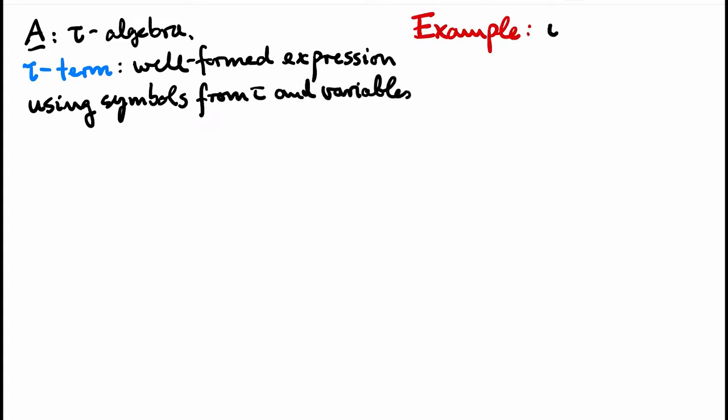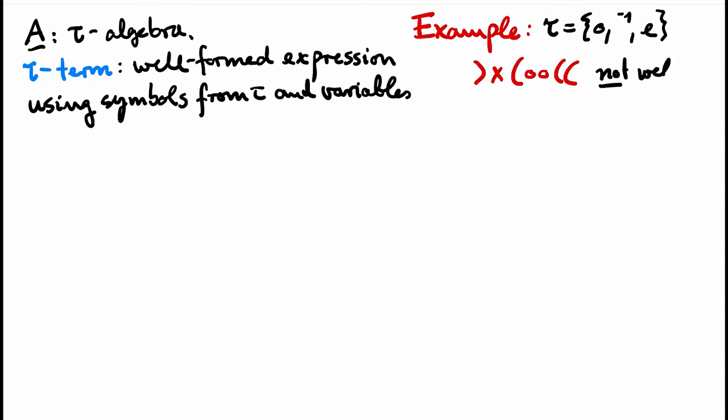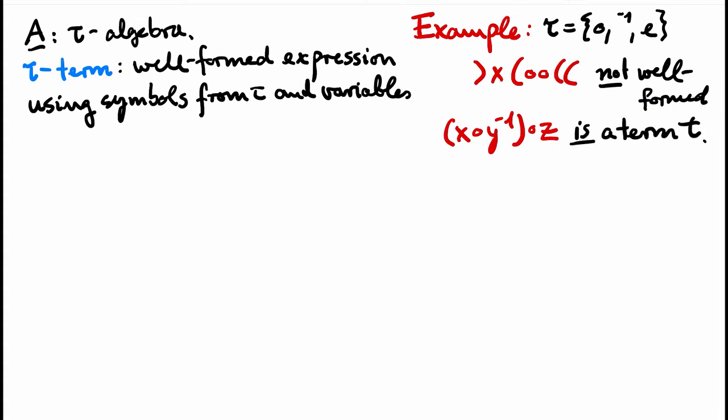So let's have a look at an example. If tau is the signature of groups, then the following expression that I've drawn on the right is not well formed. But the expression x composed with the inverse of y composed with z is a valid example of a term.